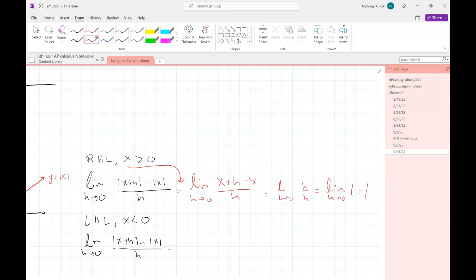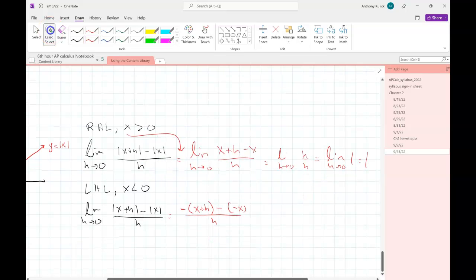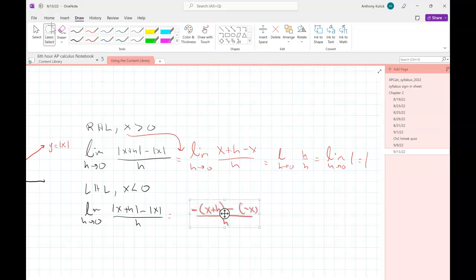If I do the absolute value of x when x is negative, do that. Oops. What did I forget? My limit. Do you guys know why I'm putting the negative sign there? Did you guys get that?